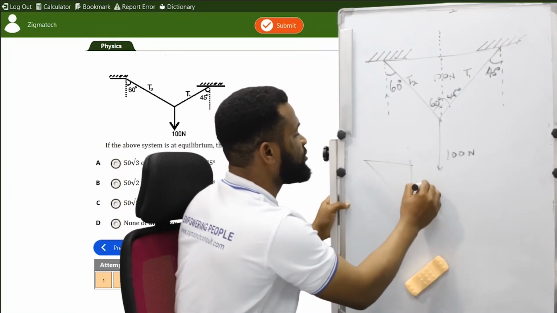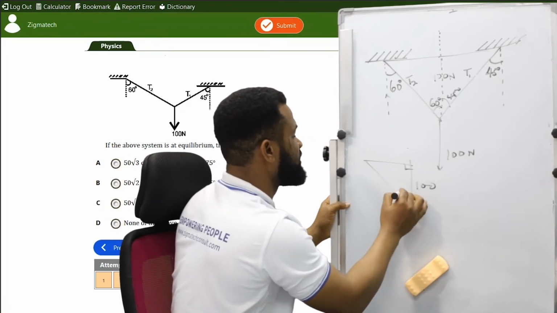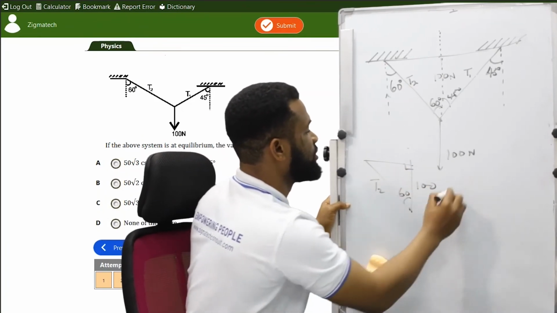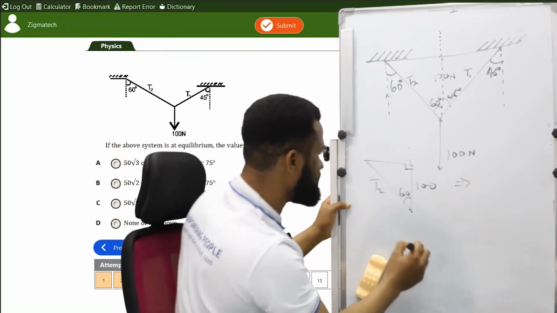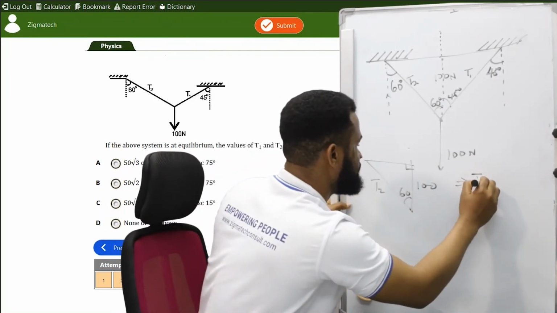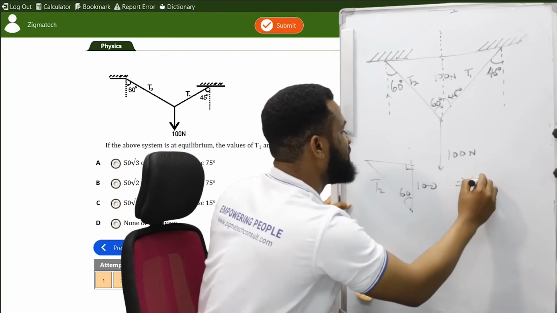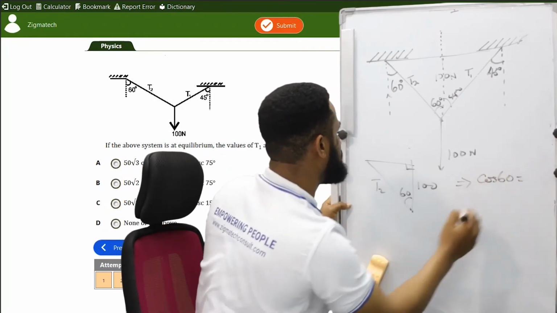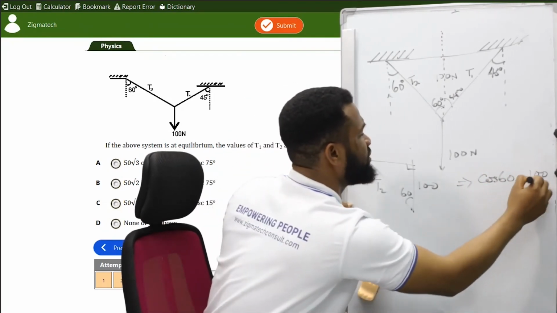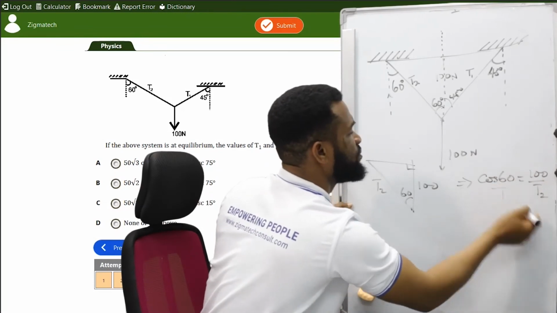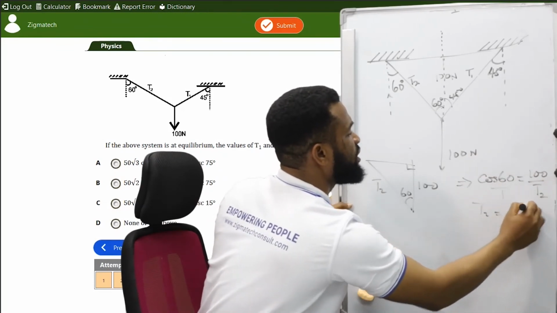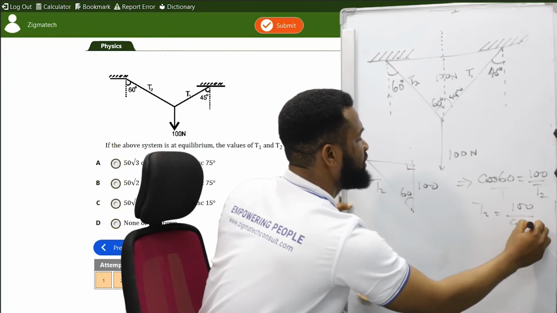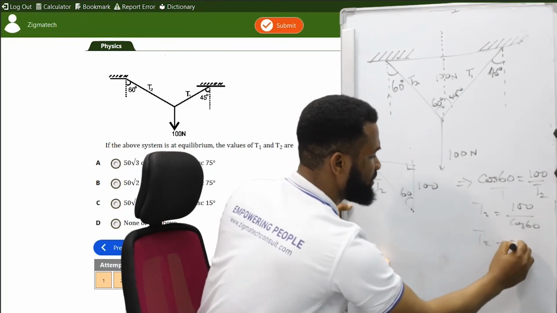This is what I have now, 100, 60, and T2. So this implies that cos 60 is going to be 100 over T2. So T2 is going to be 100 over cos 60.